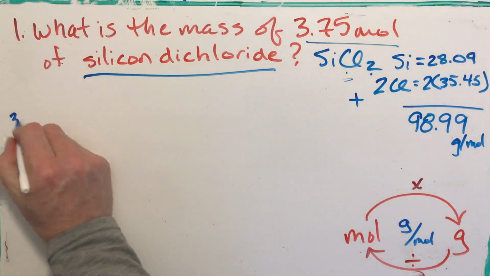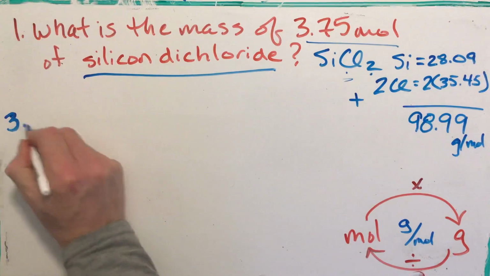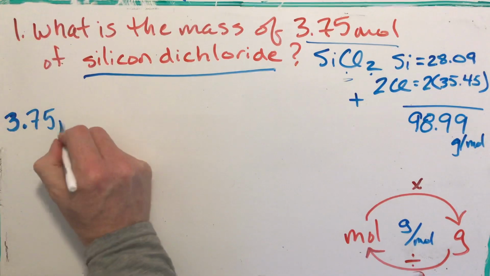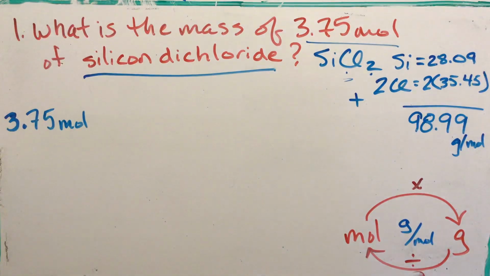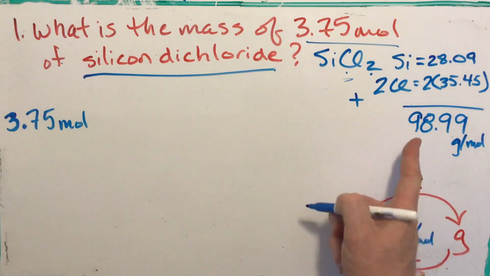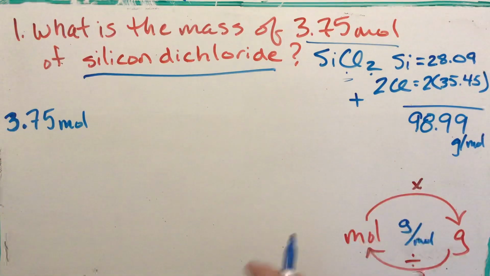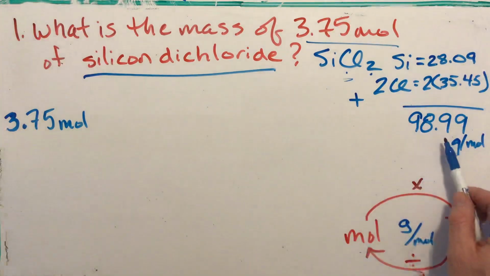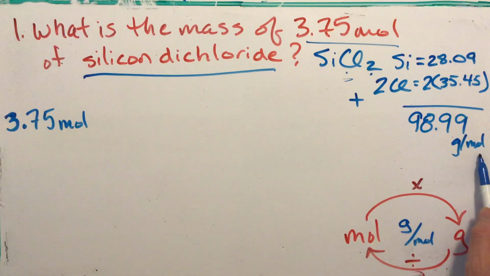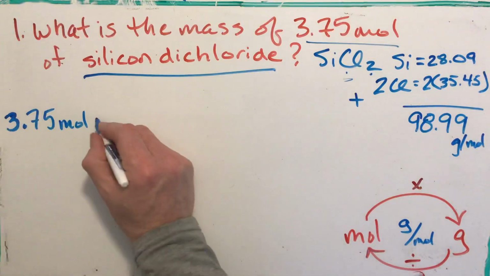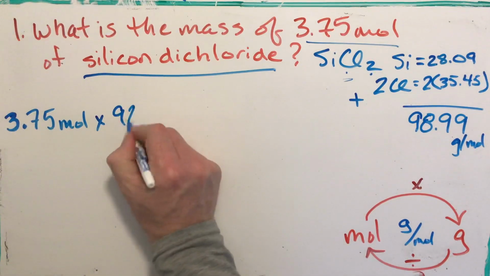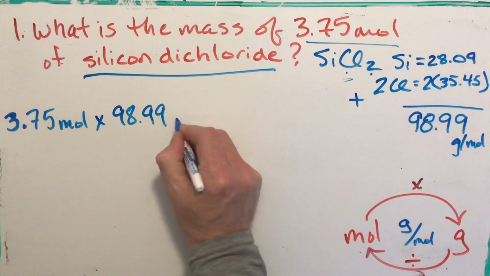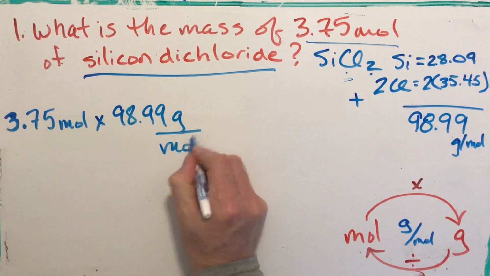So 3.75 moles, and I'm going to multiply. 1 mole is 98.99. 2 moles would be twice that amount. 3 moles would be 3 times that amount. 10 moles would be 10 times this, because this is the mass of 1 mole. So I'm multiplying here, times 98.99 grams per mole.